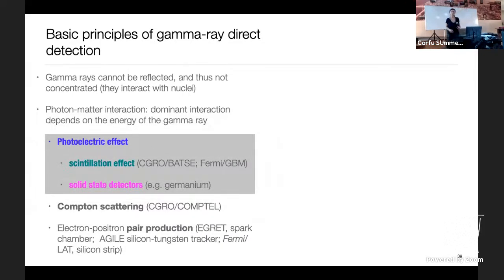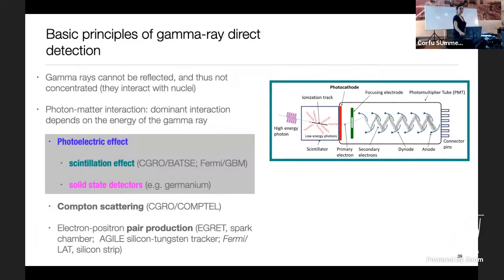Now, regarding the photoelectric effect, in order to detect photons, you can use either scintillators or solid-state detectors. To understand scintillation, you can imagine how a photomultiplier works. You might have a scintillator where a high-energy photon is converted into an electron released by the photoelectric effect, and this electron emits low-energy photons.